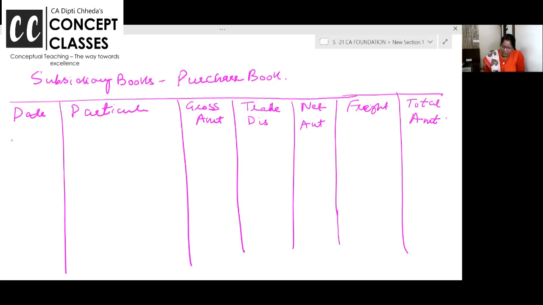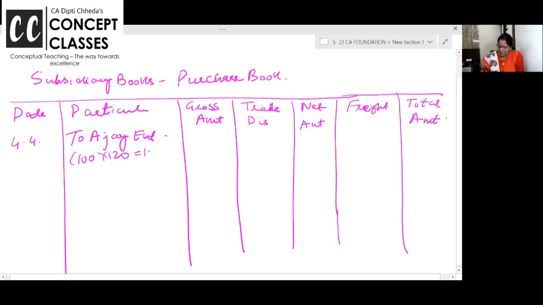Okay. So my first transaction, I'm starting on 4th April. Purchase account debit to Ajay Enterprise. I'm buying from Ajay Enterprise. What am I buying? Chappals. This is 100 dozens into 120.